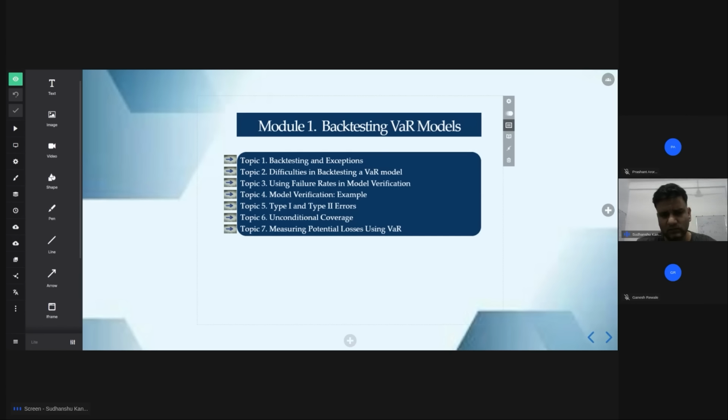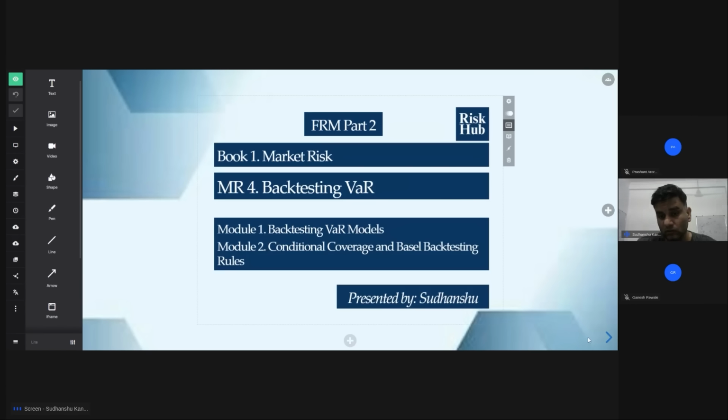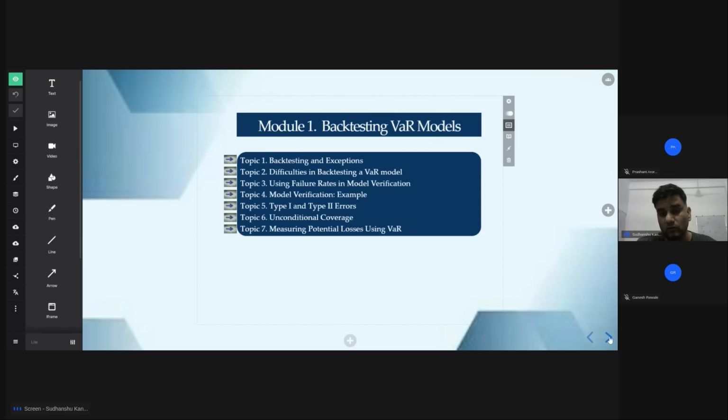The section is divided into 2 modules, right? If you go back, there are 2 modules which we have here. Module 1 is backtesting VaR models, which will cover concepts I'll discuss ahead, and the second is conditional coverage and the Basel backtesting rule, right? Module 1 is all about the basics of backtesting and exceptions.